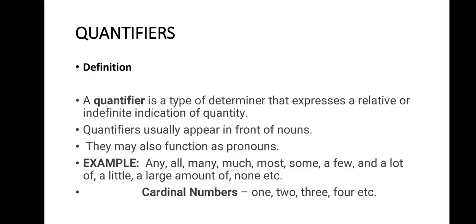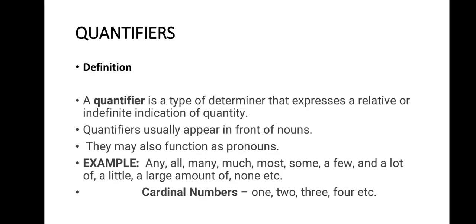Now, the examples: any, all, many, much, most, some, a few, a lot of, a little, a large amount of, none, etc. So, all these words are used as quantifiers.